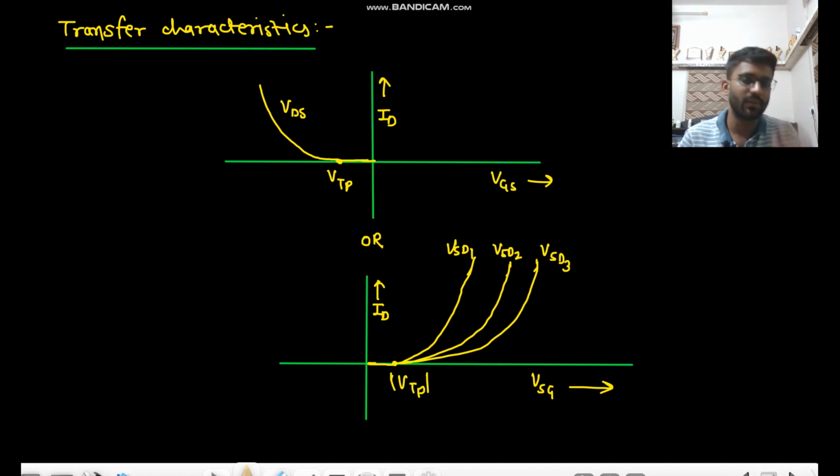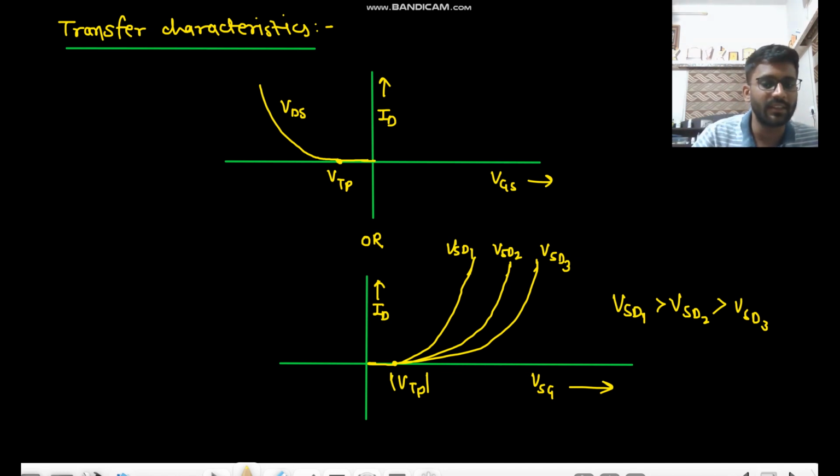Now talking about VSD1, VSD2 or VSD3, which one is more? VSD1 is more than VSD2, then VSD3. Why so? Because in the NMOS curve, VDS1 was larger. Here VSD1 is larger because at the same VSG value, we are getting more current in VSD1.